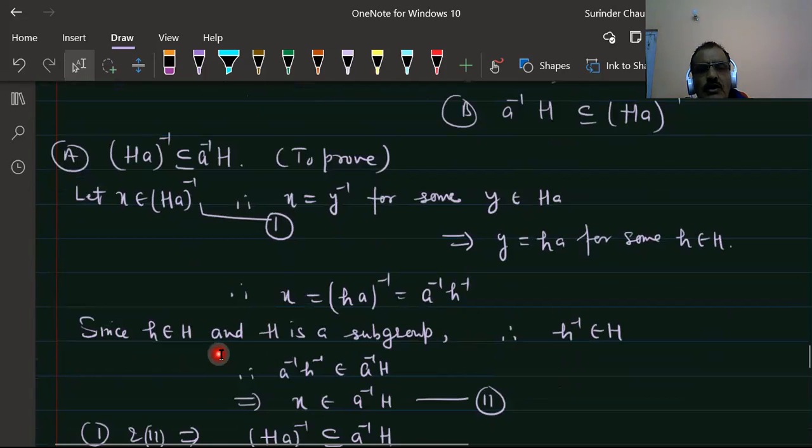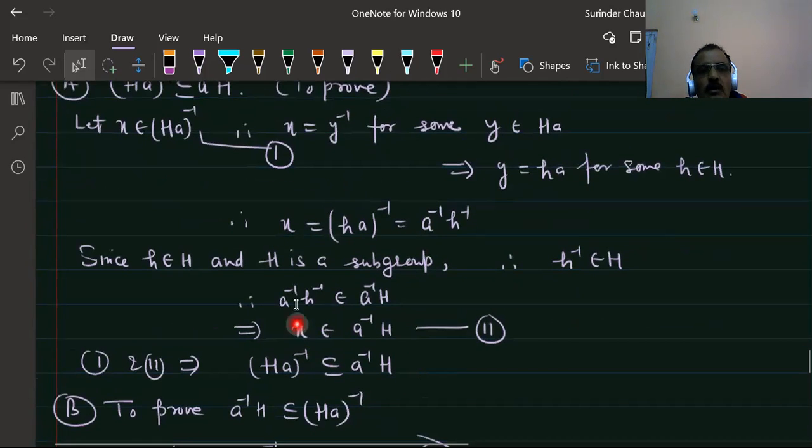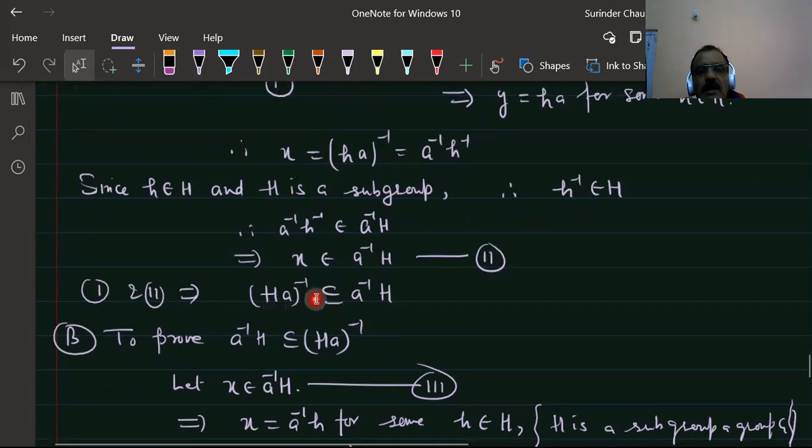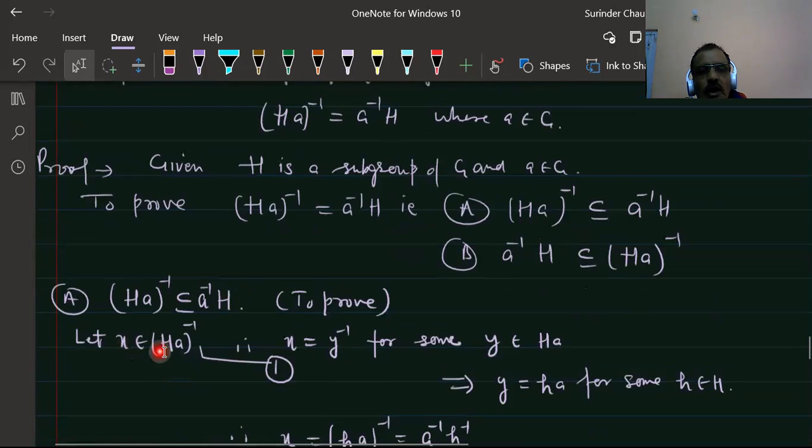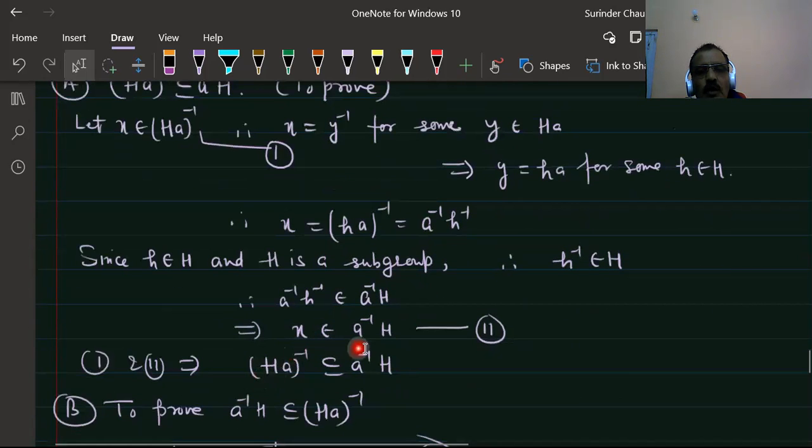Since h belongs to H and H is a subgroup, therefore h inverse also belongs to H. Therefore a inverse h inverse belongs to a inverse H. We have shown that x belongs to a inverse H, which implies (Ha) inverse is a subset of a inverse H.